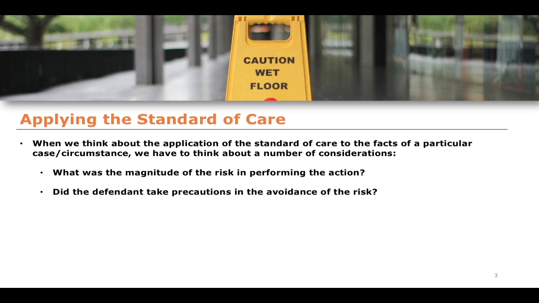The magnitude of risk essentially asks how risky, how dangerous was the action in question in terms of potentially giving rise to the events that cause some kind of damage. And then, given that there is a certain amount of risk, what precautions could have been taken, and what precautions were taken by the defendant in order to avoid or minimize the risk.